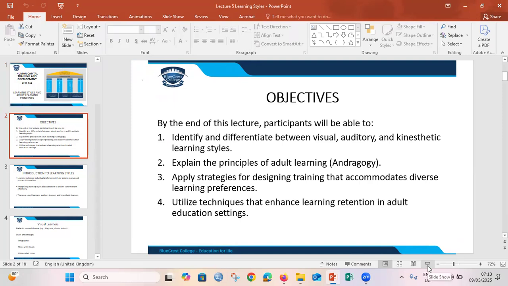And then by the end of this class, you should be able to identify and differentiate between visual, auditory, and kinesthetic learning styles. You should be able to explain the principles of adult learning, which is also called andragogy.